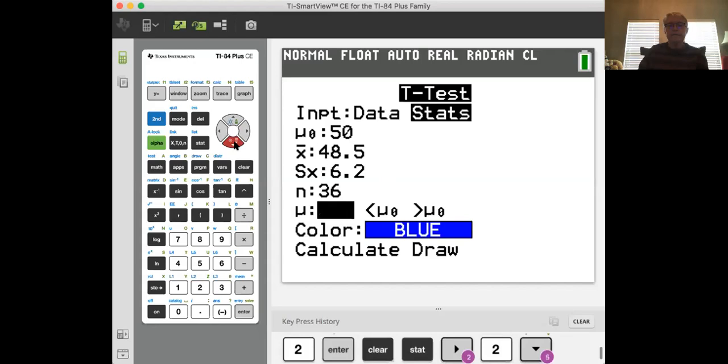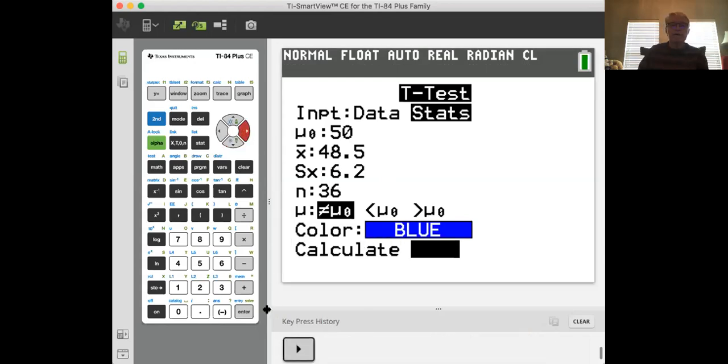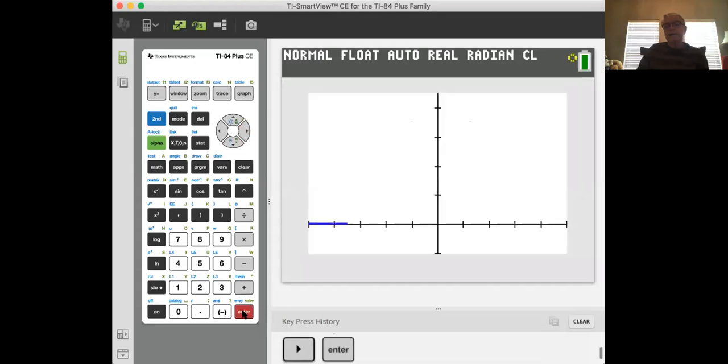And you'll see that I've already put the data in for all this. And then I come down here, and if I hit calculate, I will get the test statistic and the p-value along with some other stuff, but those are the two important things. But if I go over to draw and hit enter, I get the p-value sketch as well as the test statistic value and the p-value.